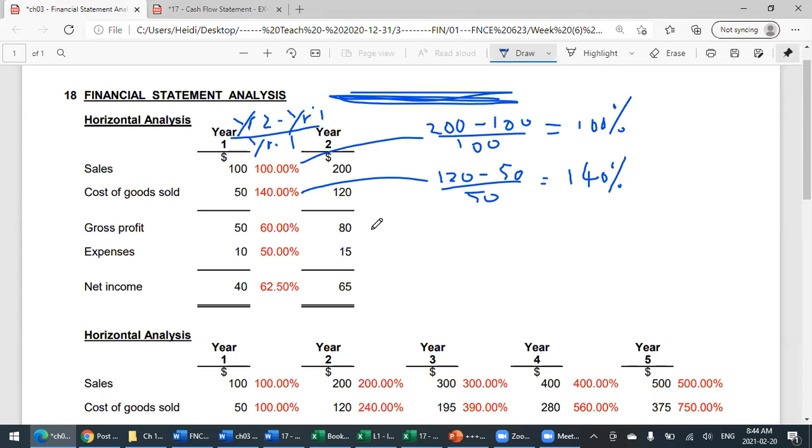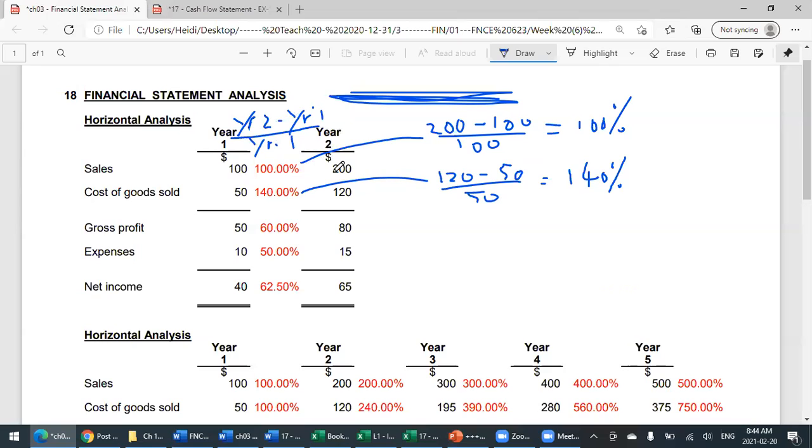When you use this formula, you can compare these two years and conclude whether numbers have increased or decreased between year 1 and year 2. Here, comparing year 1 to year 2, it has increased by 100%.